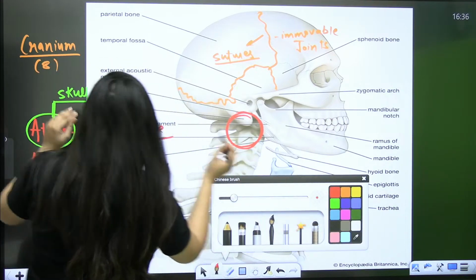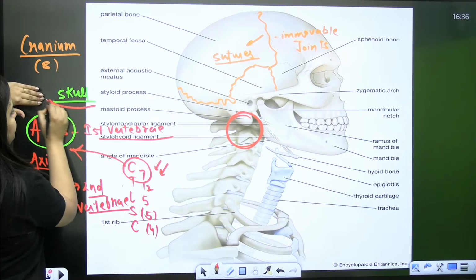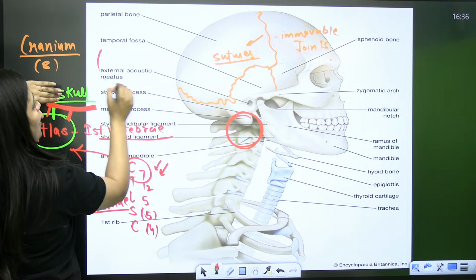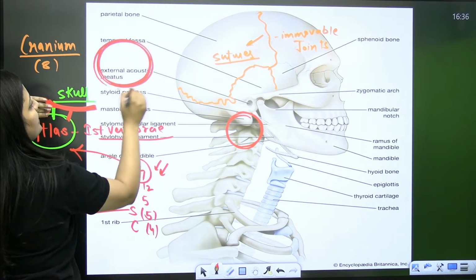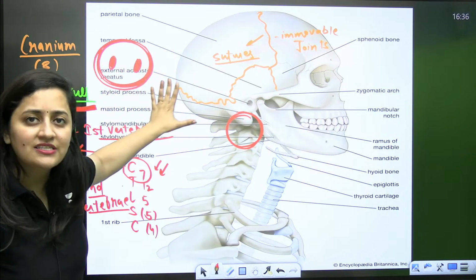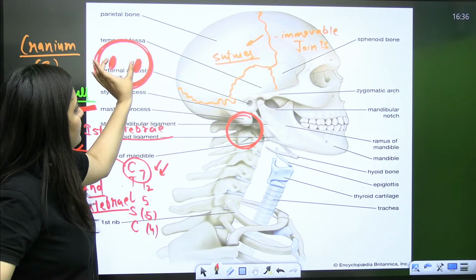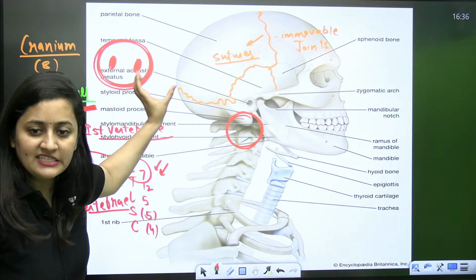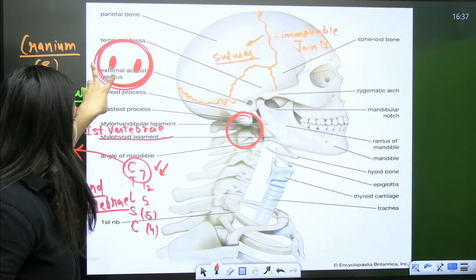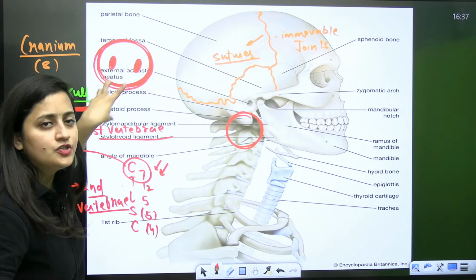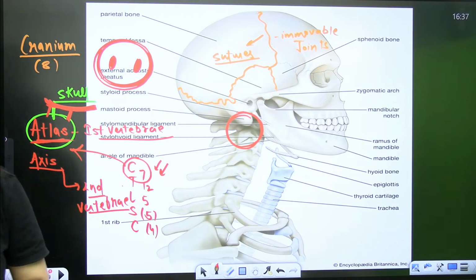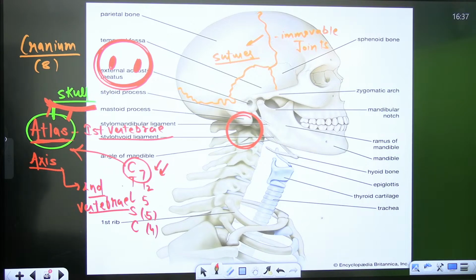Now, what's the point here? The point is that the skull has to attach to the atlas. So in the occipital bone you will find 2 sites for the articulation. In simple words, the occipital bone has 2 attachment points to which the first vertebra, atlas, will join.